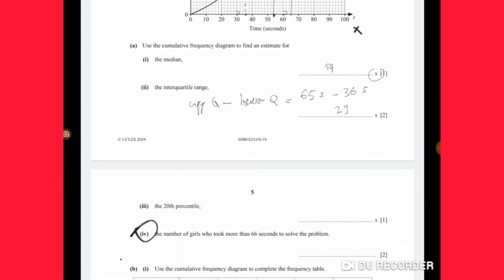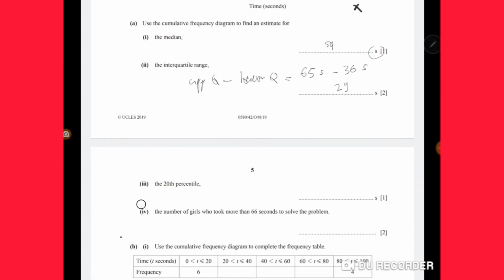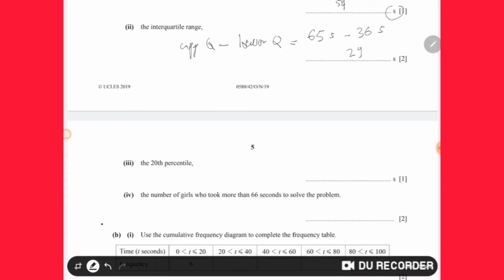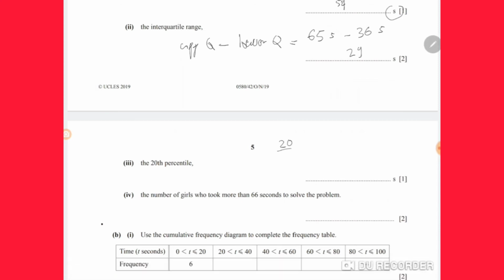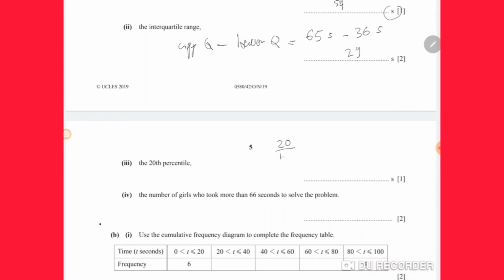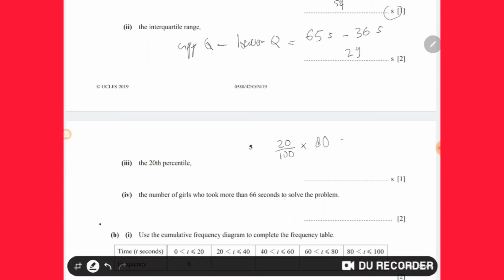Okay, then for the next part, the 20th percentile. How do you find the 20th percentile in seconds? The 20th percentile means 20 over 100 times 80 data.